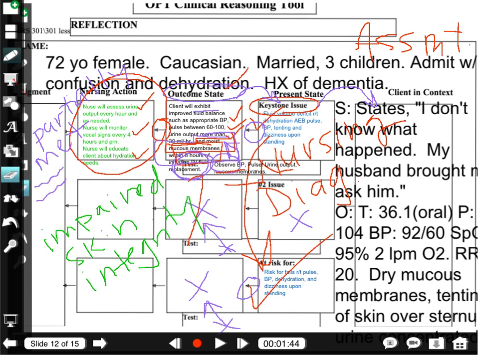You may move through it quickly with a client, or it may take a couple of days for fluid volume to become fixed. What I'm getting at here is that it isn't static. We may have partially met one present state issue, but maybe now we've identified a new present state issue. And so you would start over here again with assessment, write a new nursing diagnosis, write a new outcome, and then write some nursing interventions that are specific to impaired skin integrity.